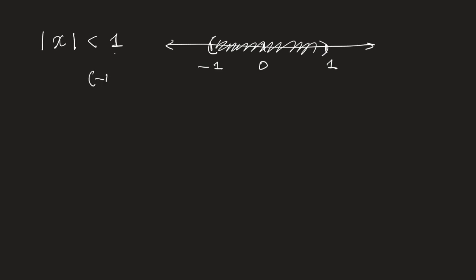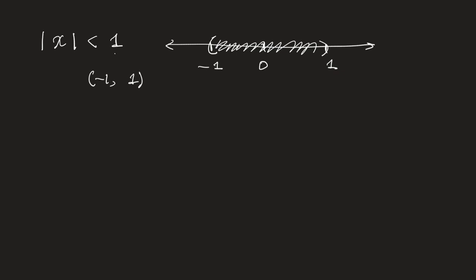So how can we write the interval notation? It is -1 and 1. That's how you find the inequality for absolute value.